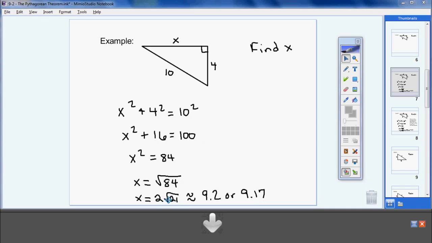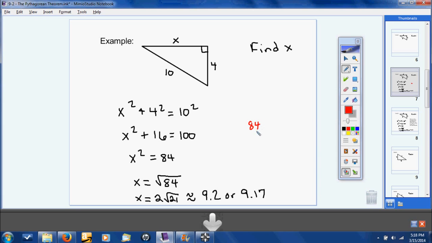If you're asked for radical form, or to give the answer as a radical, remember you can take 84 and factor it, so that's 4 times 21, which is a 2 and a 2. So that means that underneath you have 2 2's and a 3 and a 7. 3 and 7 don't have a partner.